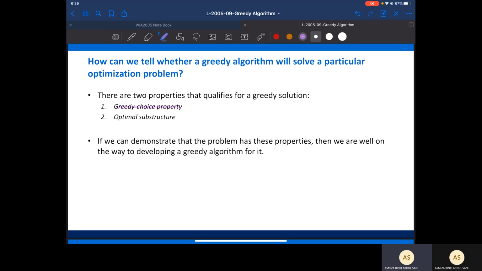And then it has an optimal substructure, so it has some characteristic whereby you can determine that at that point of time, the substructure that you have built is optimal. If you have these properties, then you can apply the greedy algorithm.